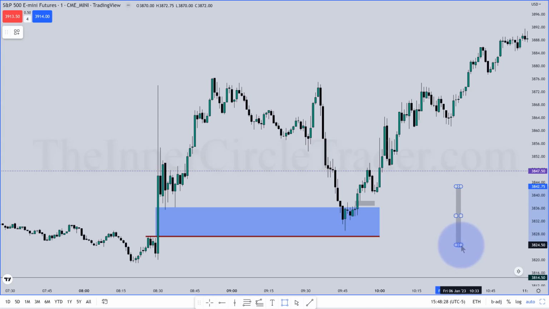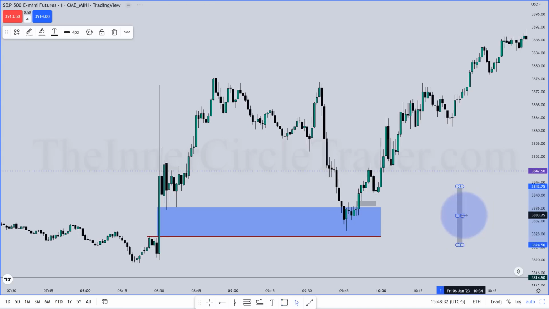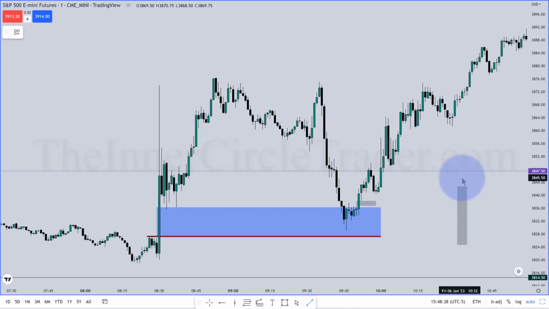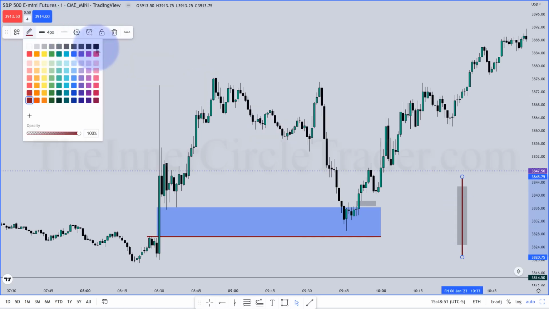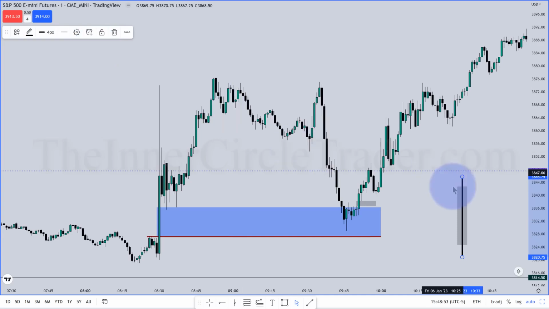if this is what the range is likely to do on the daily chart, in other words, this hypothetical candlestick, okay, let's say this hypothetical candlestick represents the daily chart. Okay, and I use obviously green.